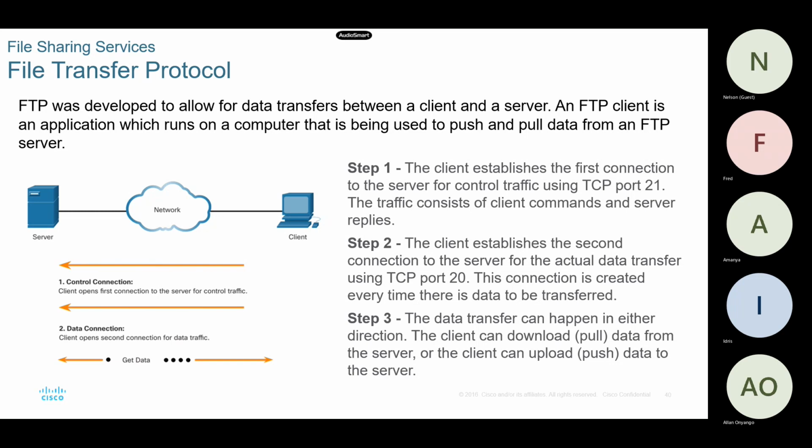So to establish the first connection to the server for control traffic, port 21. Then port 20 is used for the actual data transfer. And thereafter, data transfer will happen. And there'll be a lot of downloading and uploading, pulling and pushing, so on and so forth. So that is FTP for us.